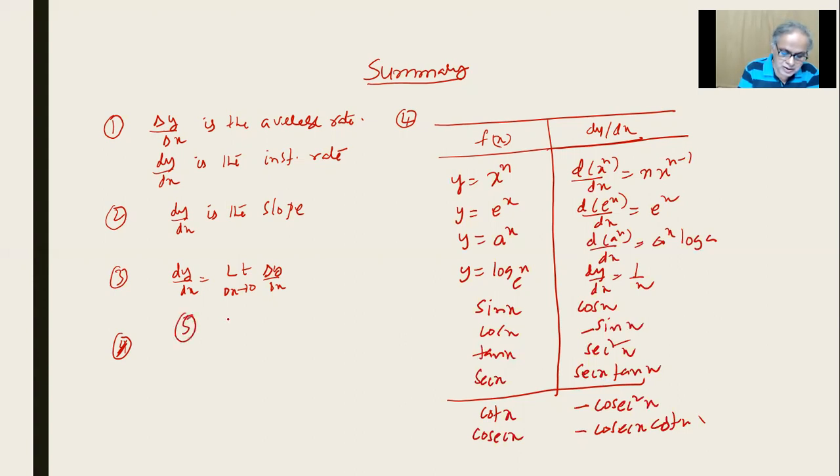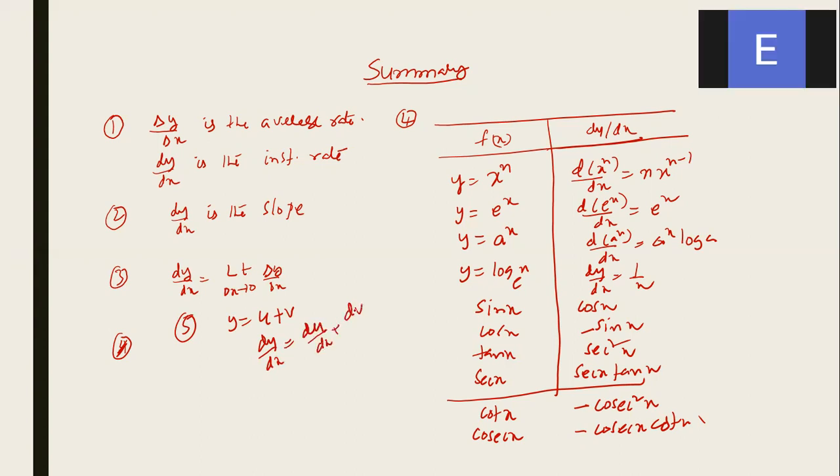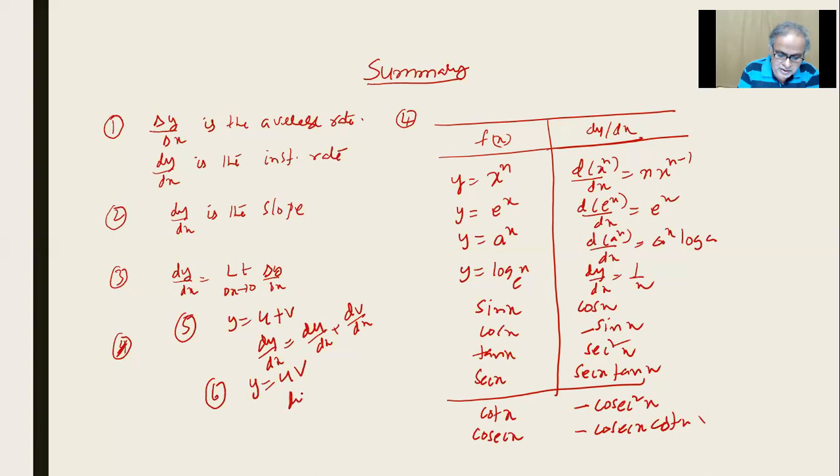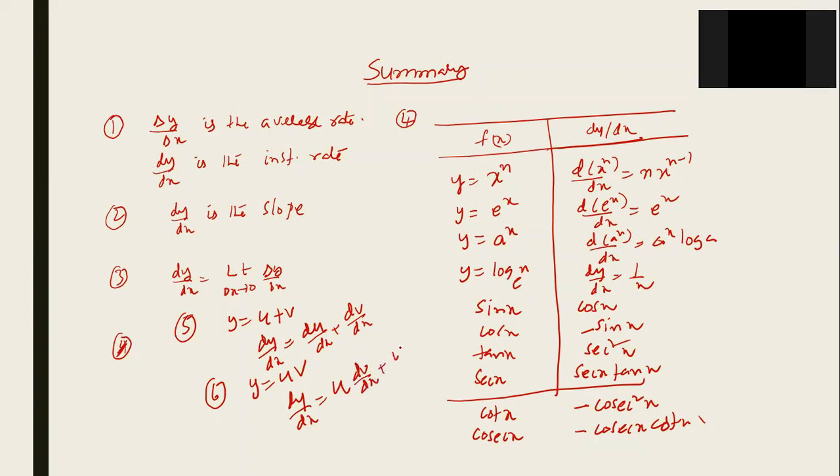Fifth one, if y is u plus v, dy by dx is what? du by dx plus dv by dx. Right? Sixth one, the product formula. If y equals uv, what should I write? dy by dx equals u times dv by dx plus v times du by dx.